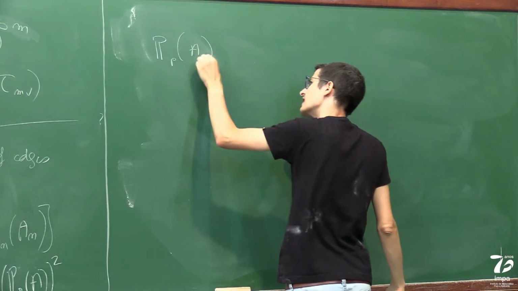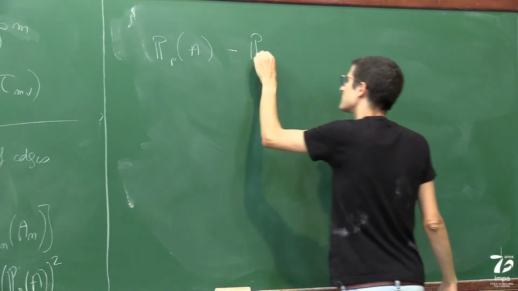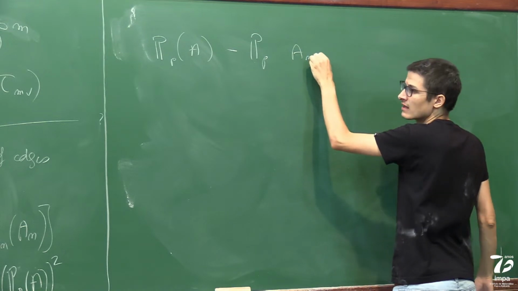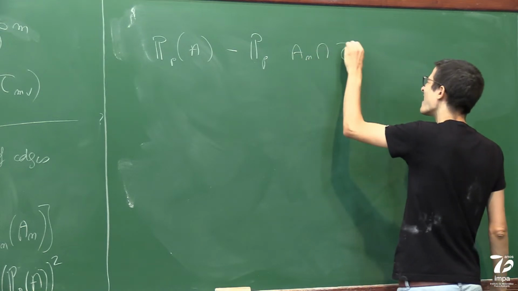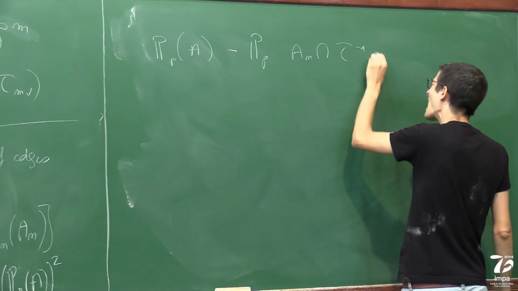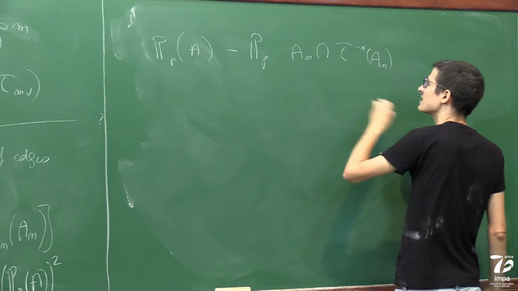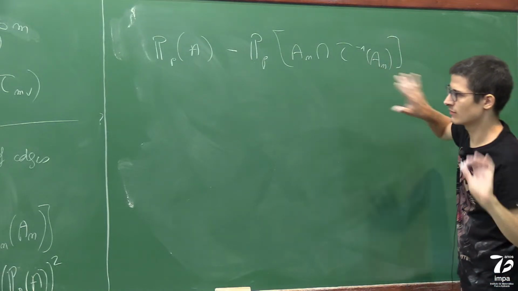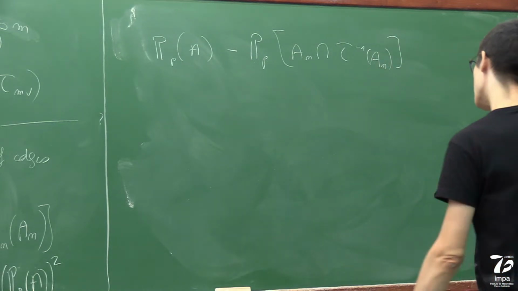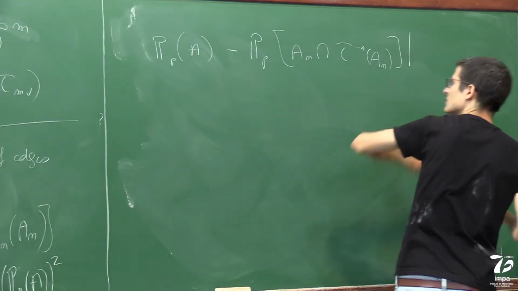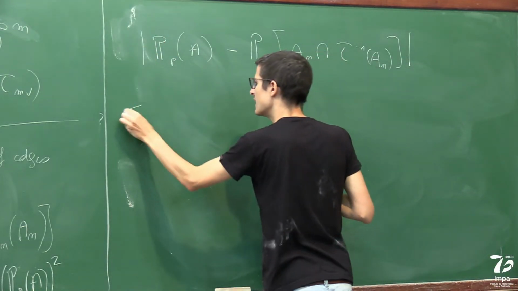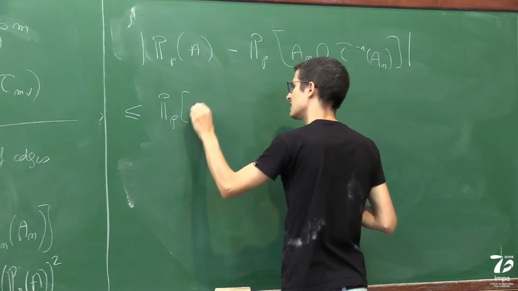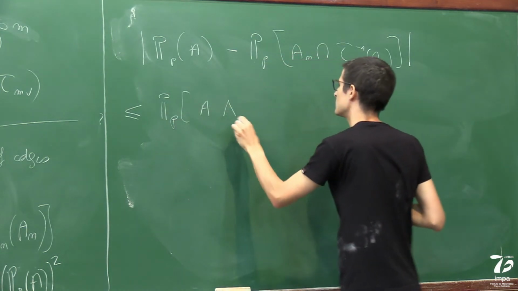Now what can I say about the difference between this and this? I'm just going to drop the index in order to make the thing less heavy. Now I'm using A again to say that this is less than the probability of the symmetric difference of these two things.